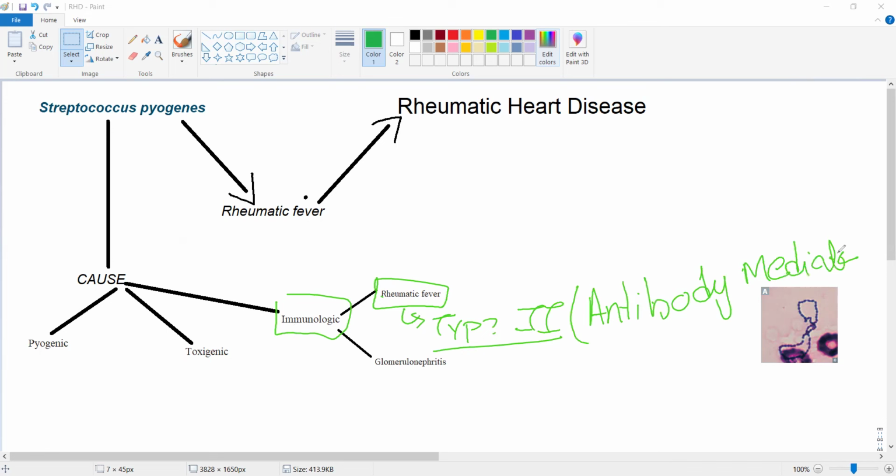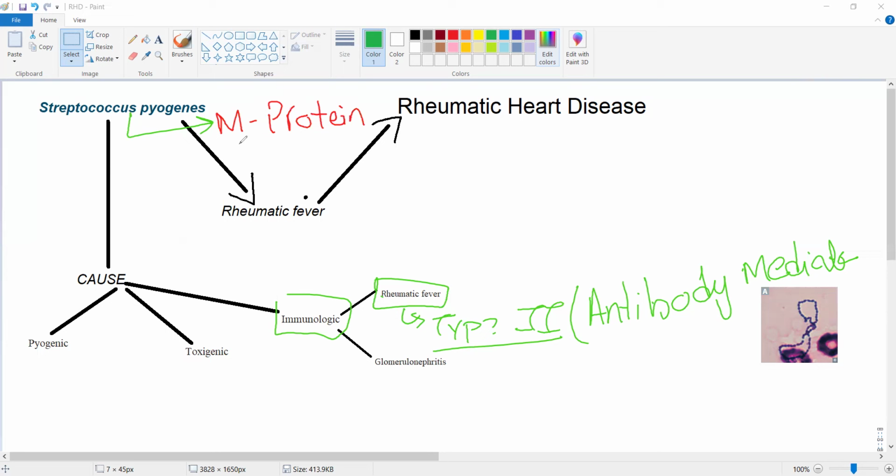Streptococcus pyogenes has an M protein, so what does our body do?